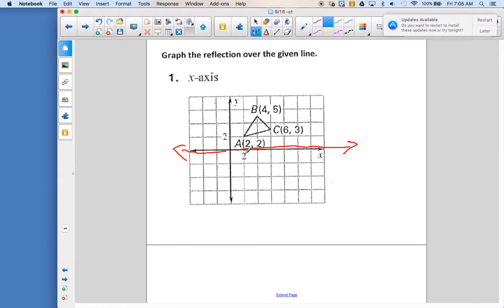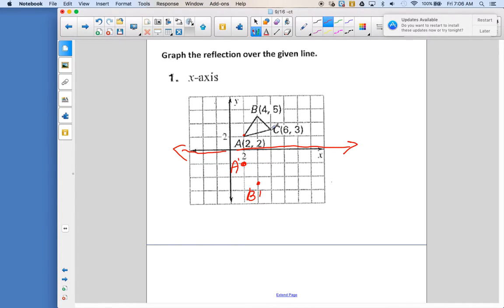Okay, so when I look at it, point A is right here, one line above the line of reflection. So I'm going to do the opposite and go one line below. So here's A prime down here. B is 2.5 lines above, so I'm going to go the other way, 2.5 lines below, and there's B prime.